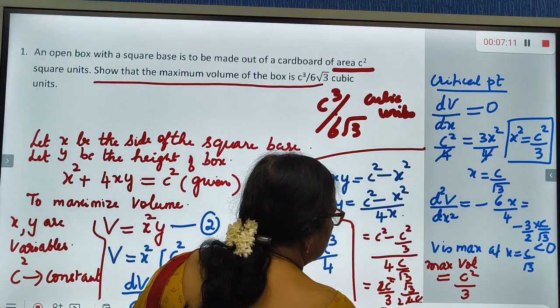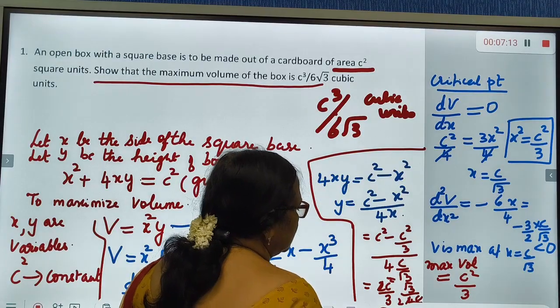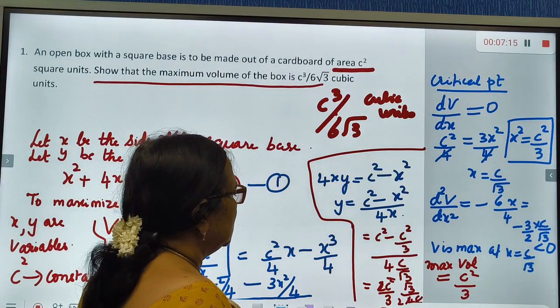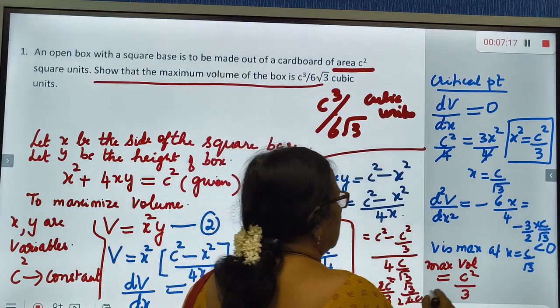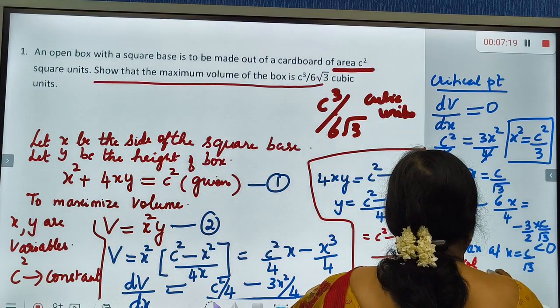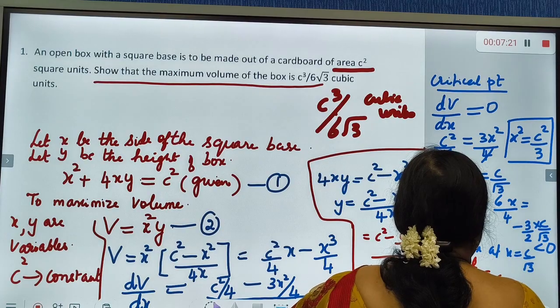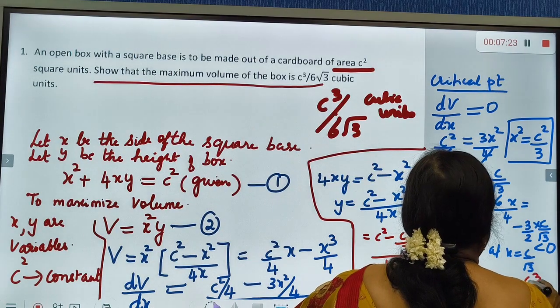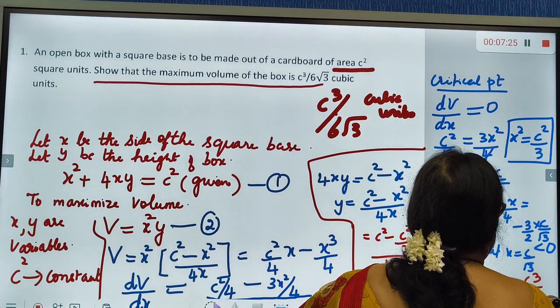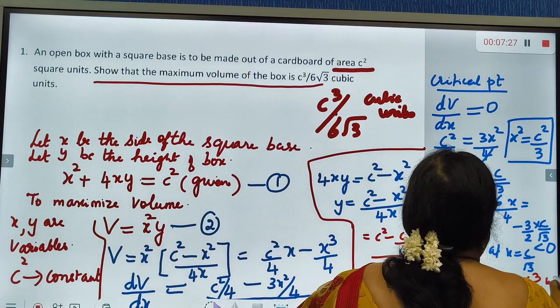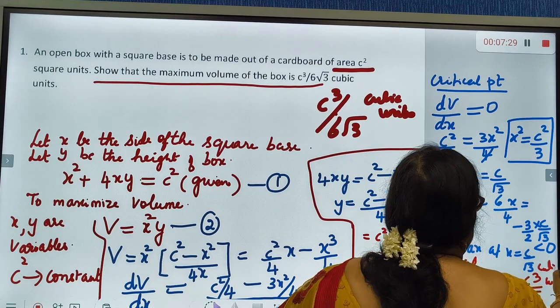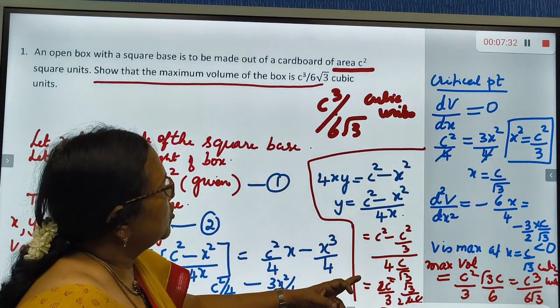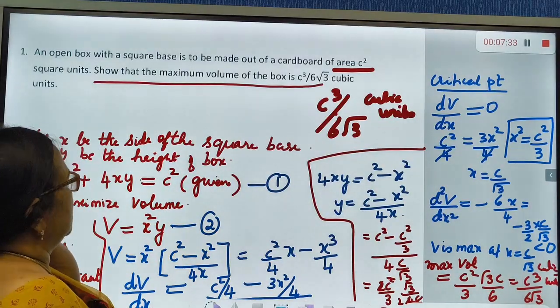So root 3c by 6. So c square into root 3c by 6, which is c cube by 6 root 3 units. Being volume, it is cubic units. This is what we wanted to prove, c cube by 6 root 3 cubic units.